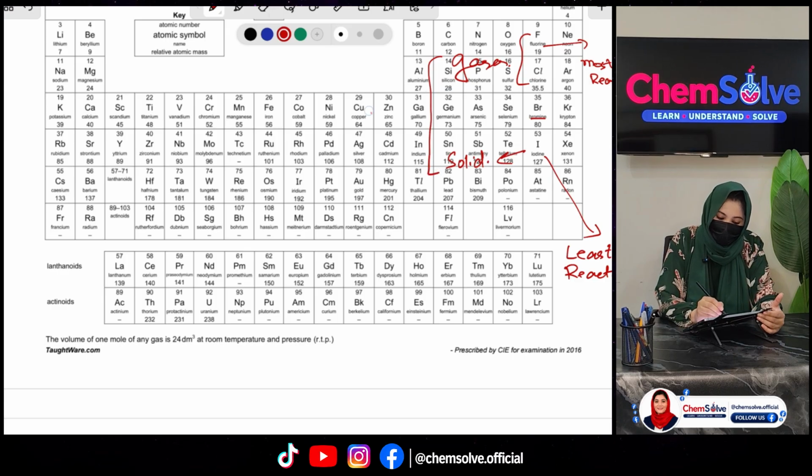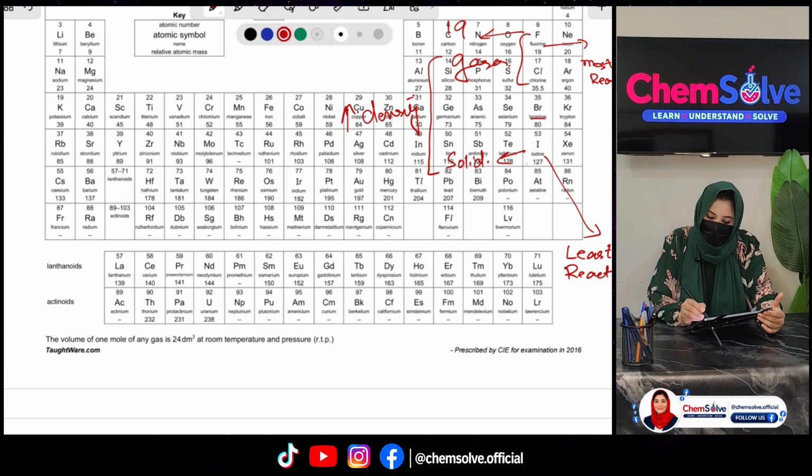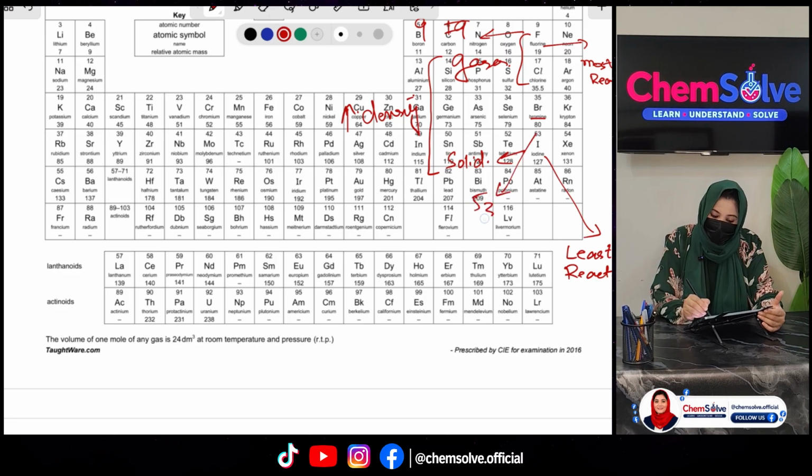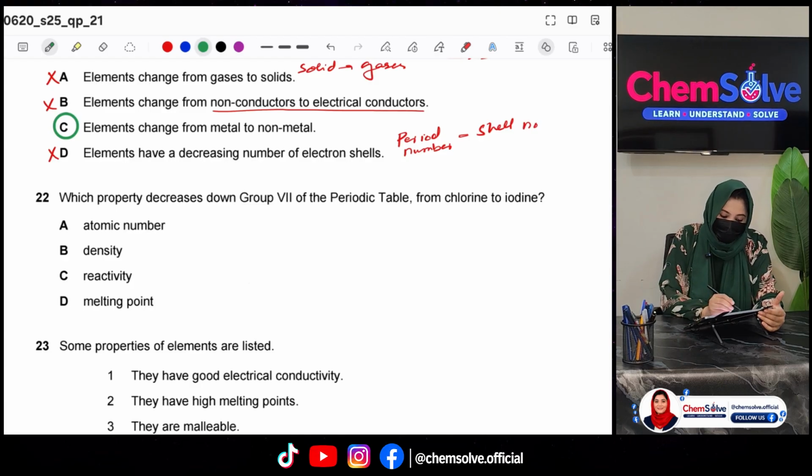So we can say density increases. Now look at atomic number. The atomic number of fluorine is 9, and the atomic number of iodine is 53. So atomic number also increases as we move down the group. Now look at our options. He's saying which property decreases.